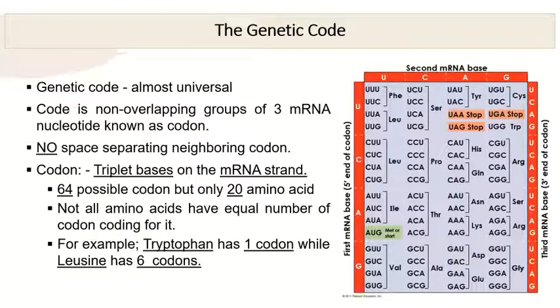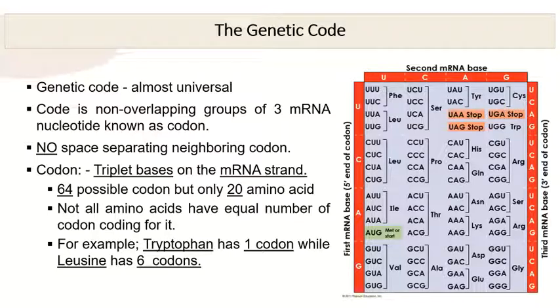For tryptophan, or simply TRP, there is just one codon, which is UGG. And for leucine, there are 6 codons, which are UUA, UUG, CUU, CUC, CUA, and CUG.